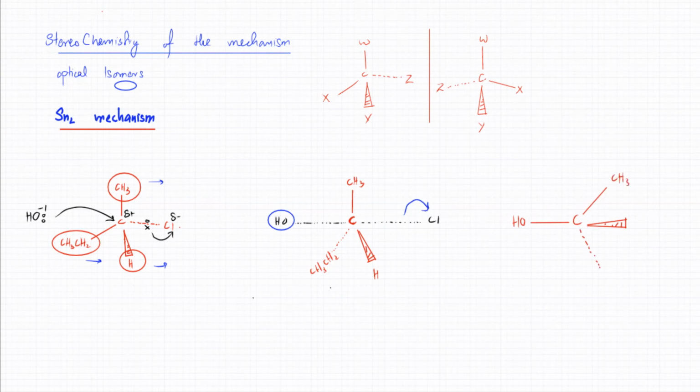So you'll have a CH3, you'll have an H, and you'll have a CH2, CH3. And the Cl is eventually going to get removed. It will get knocked out. So that is what is happening. I'm just drawing a slow motion picture of what's happening in 3-dimensional.